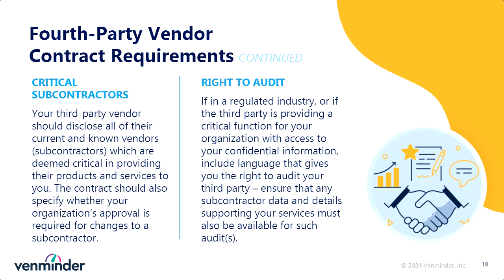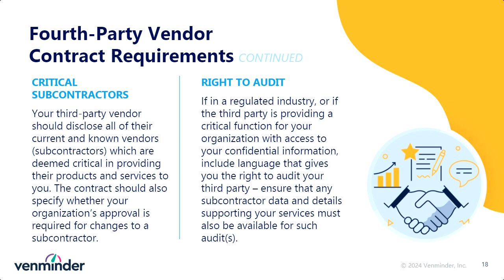At the time you are writing your contract and putting that in place with your third party, it's a good time to get a full disclosure of all fourth parties that are a part of whatever it is you're buying from that vendor and those who have access to your data. It is critical to get that up front so you know who those critical subcontractors are, and you probably want to write into your contract that you will be notified should those fourth parties change.